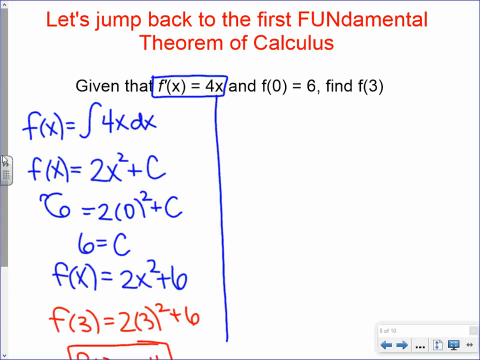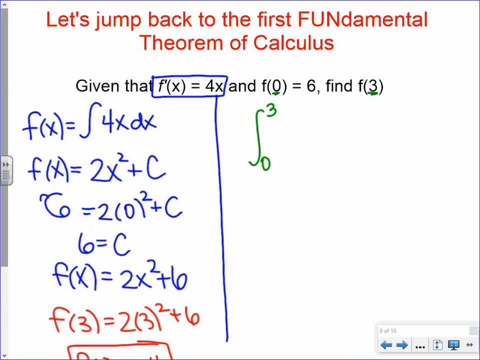So remember, the fundamental theorem of calculus, the integral from a to b of f of x equals the antiderivative of b minus the antiderivative of a. So what we can do here is we can say the integral from 0 to 3, where am I getting 0 and 3? Those x values right there.